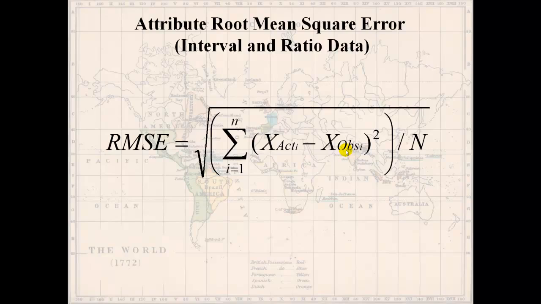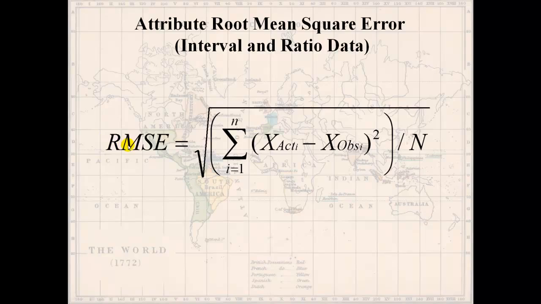You go to all of those points that you checked and calculate that difference, that's the error. You square each one of those errors, that's the S, and you get the squared error. You take the average of all of those, in this case 74 points or whatever it was in the example. The way you take a mean is you add up all of the squared errors using the summation, divide by the number of points, and you take the square root.